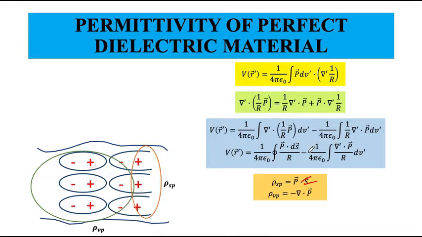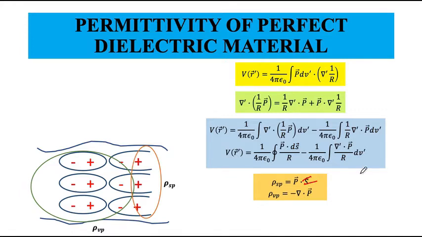So P is the density vector. It has a certain orientation, remember that, and when you apply a potential, there would be a component of P along the surface normal, and that would form the surface charge distribution.